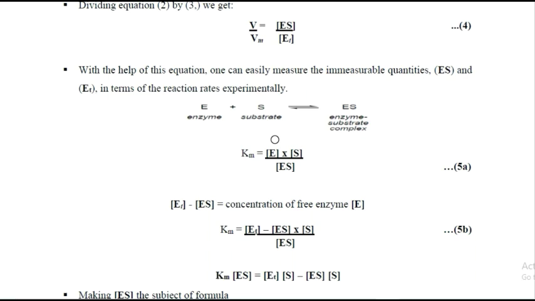So at this point, I will ask you to keep that equation 4 in mind. We will also make use of equation 3 and equation 4, because subsequently we will engage them in calculating various variables that are essential to determine the kinetic properties of a particular enzyme.